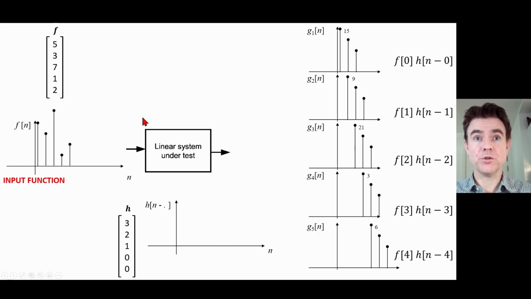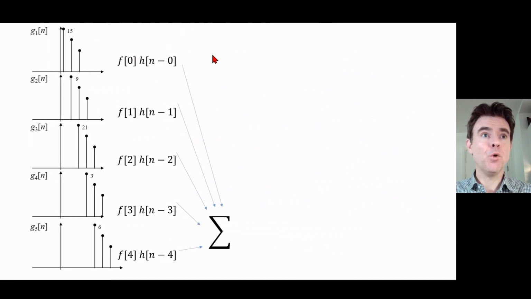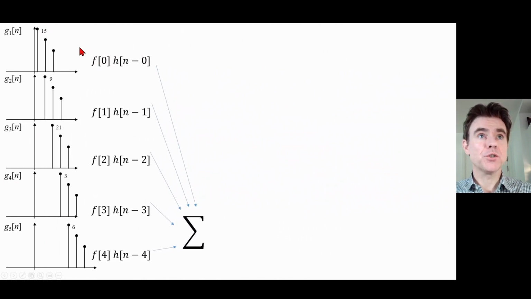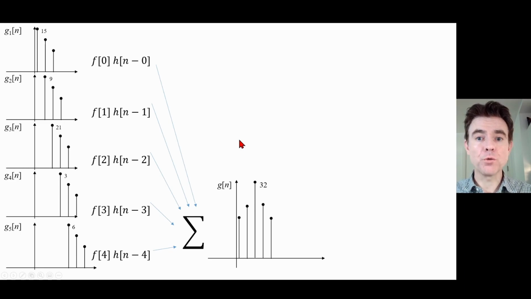Okay, that's all there is to convolution. We're just going to be adding together all of those individual outputs. So again, I've kept the same notation as before, and we just sum them all together, and that's going to give us the overall output of that linear time or shift invariant system.